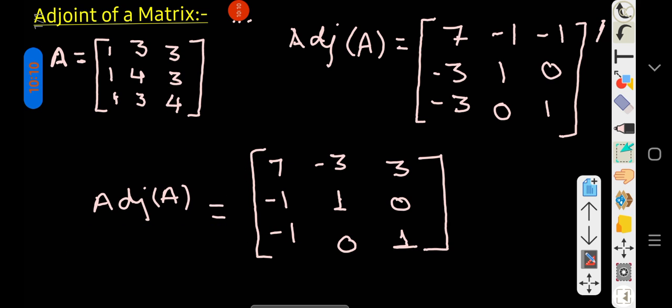All right, now we had seen in the last video that to get the inverse of matrix A, what we had to do, for the inverse of any matrix, what was the formula?